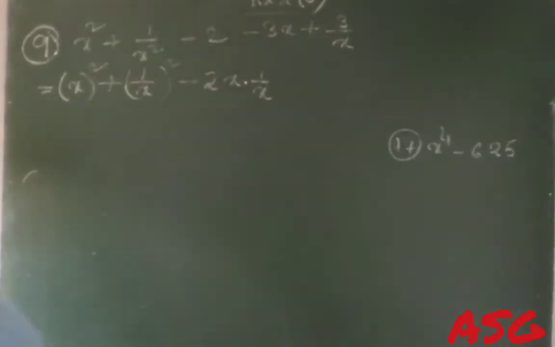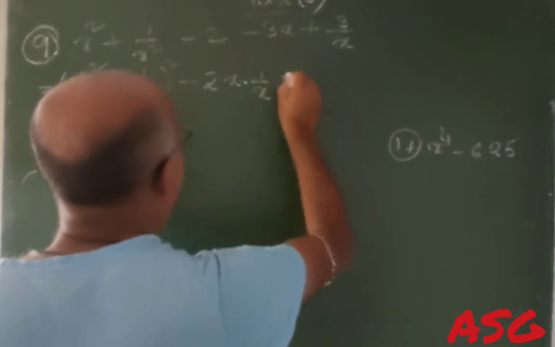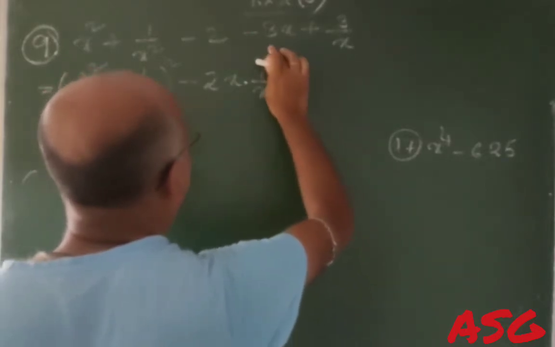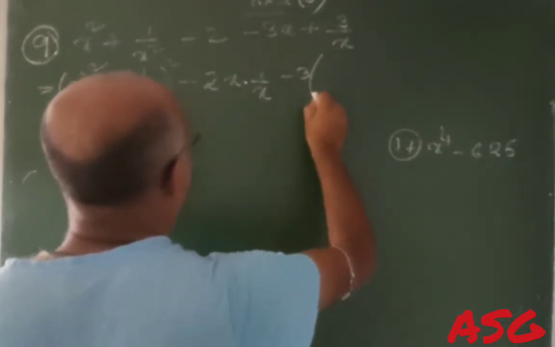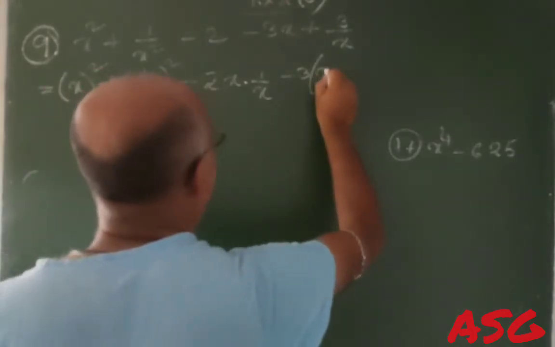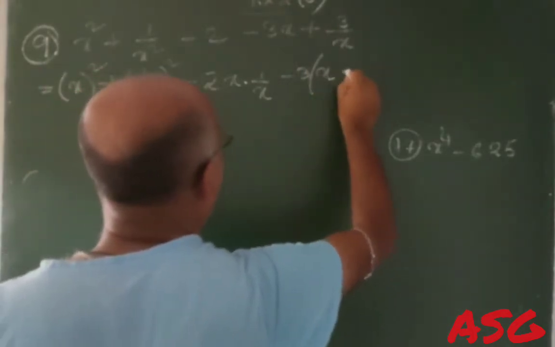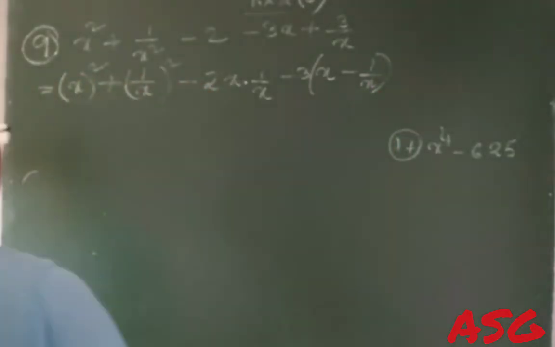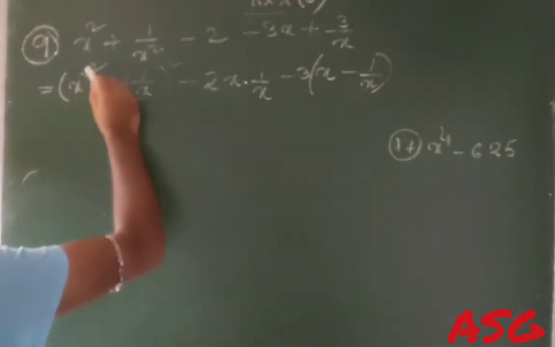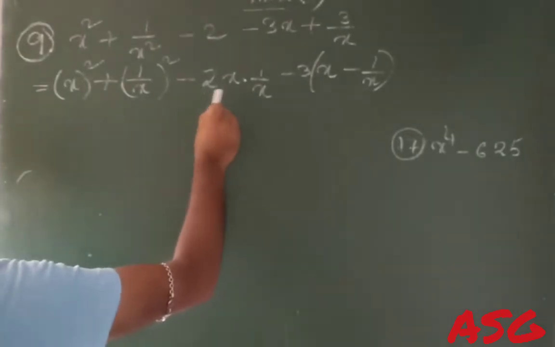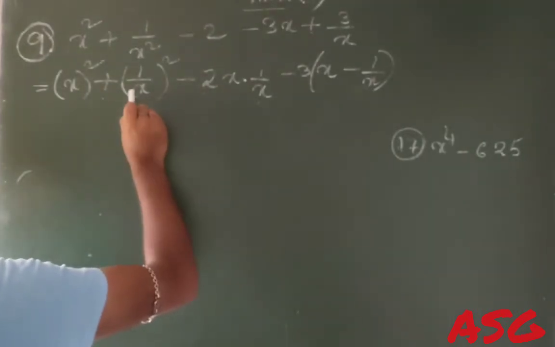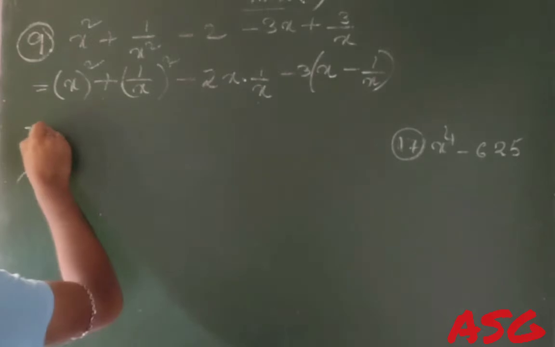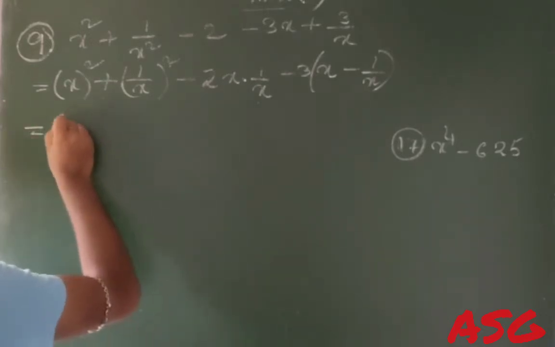I can write, from here, minus is common because here it is minus, and 3 is common. What is left out is minus minus plus x, minus plus is minus, 3 is common, so 1 by x. Now this one you read like this: a square minus twice ab plus b square. Rightly you know the formula which says a minus b whole square.